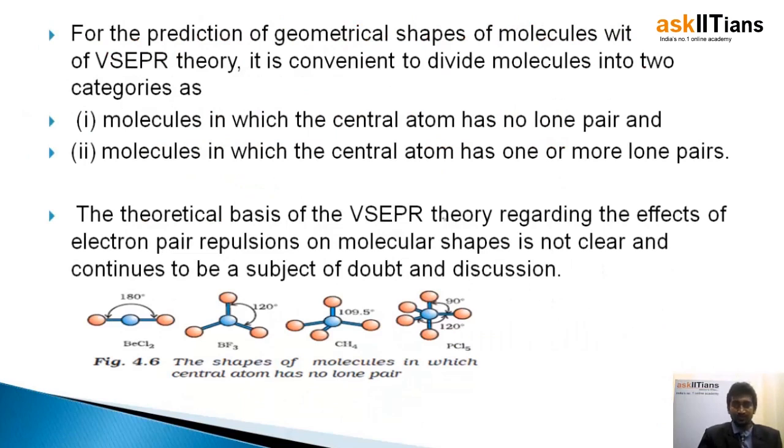Now, when we predict some geometrical shape, we assume two things: one is the lone pair and the other is the bond pair. You can see here the shapes when there is no lone pair on these molecules. It is linear, it is trigonal planar, it is tetrahedral, it is trigonal bipyramidal.